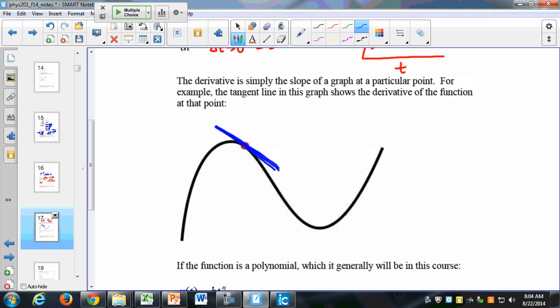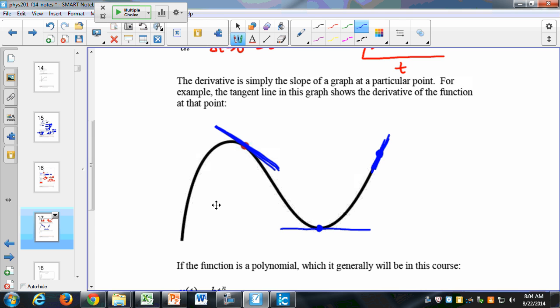But I always like to think of it as a seesaw, balanced at that point. So for example, if I had a tangent line right here, that's a pretty steep line. It would look like that. But if I had a tangent line right here, it would be basically horizontal. We'll draw a lot of tangent lines, and they're going to represent the slope of that graph at that particular instant. They'll represent the derivative.